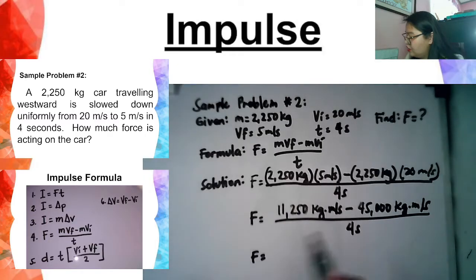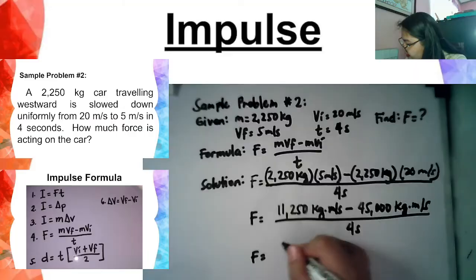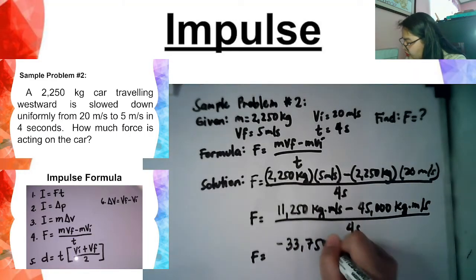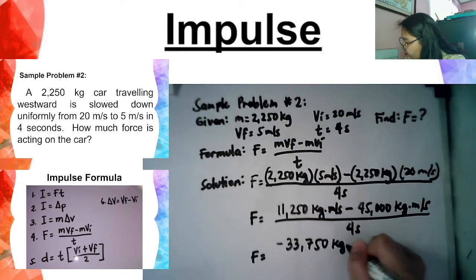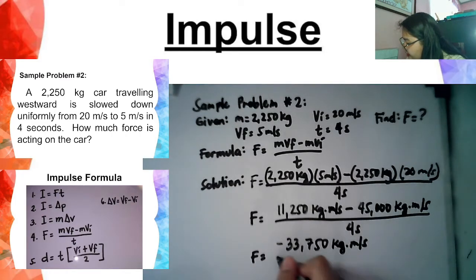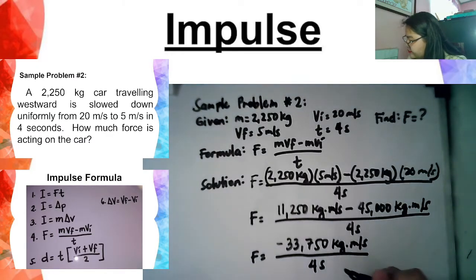Now, you need to subtract 11,250 minus 45,000. So, you will get negative 33,750 kilogram meter per second, divided by the time, 4 seconds. Okay, so last step, you need to divide.